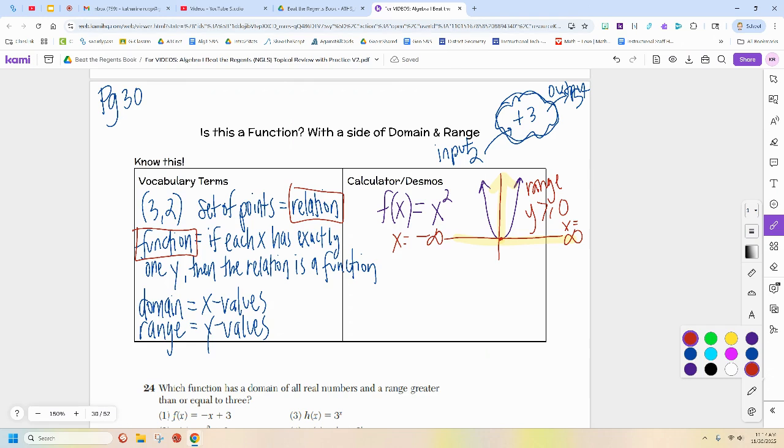The other thing that you can do in Desmos at any point in time is plot points.